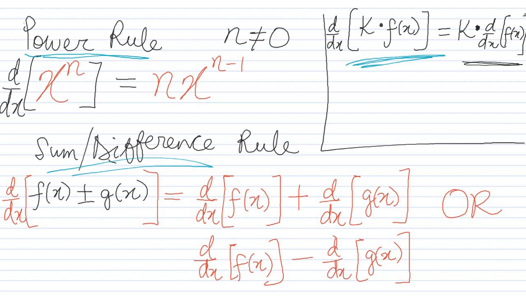The derivative of a function with two or more sub-functions that are added or subtracted is the derivative of the first sub-function plus, or in some cases minus, the derivative of the next sub-function, depending on whether it is plus or minus between the two. So we're going to apply the same thing here.